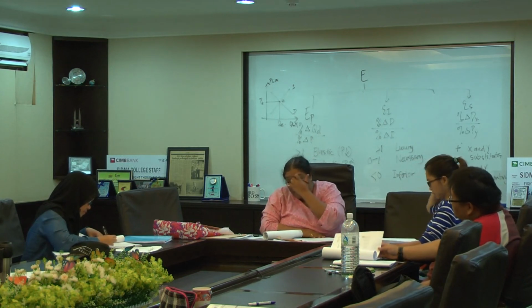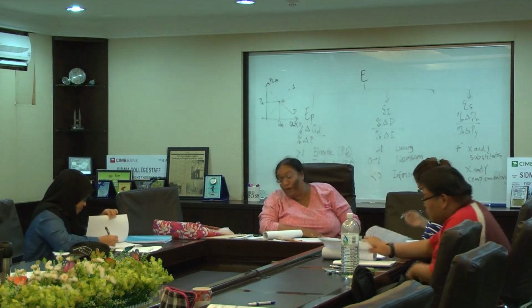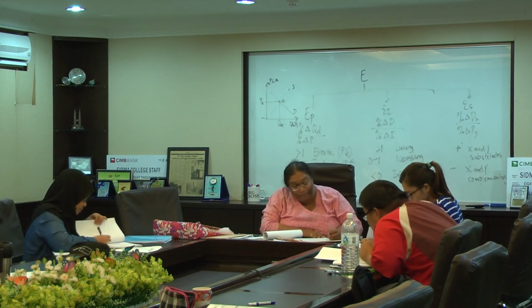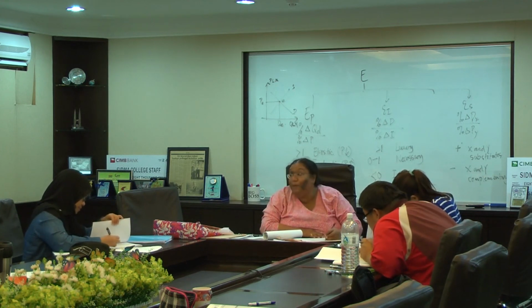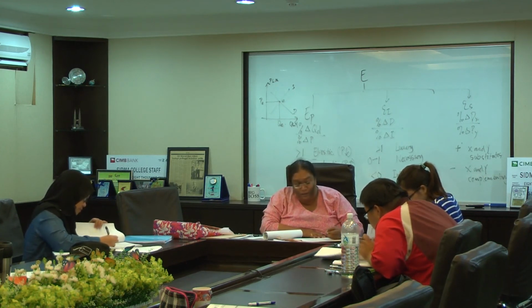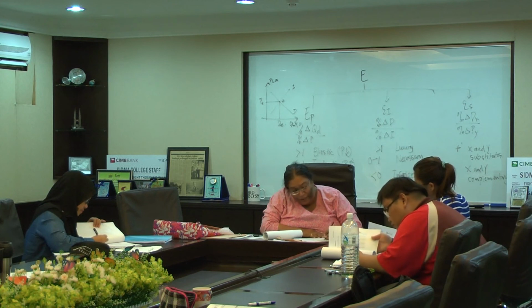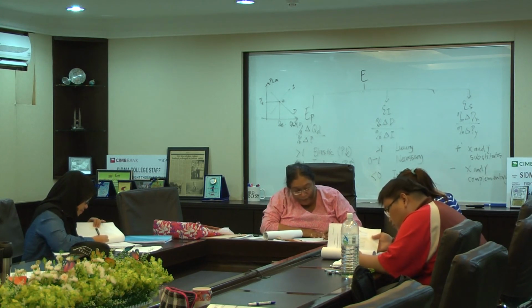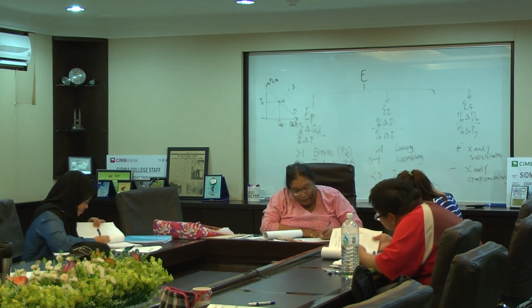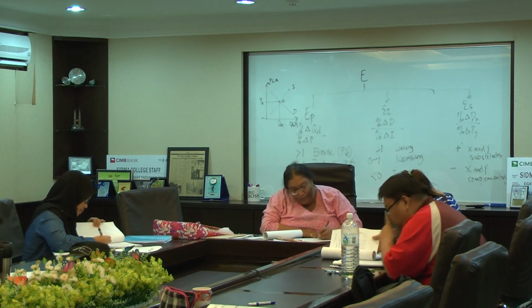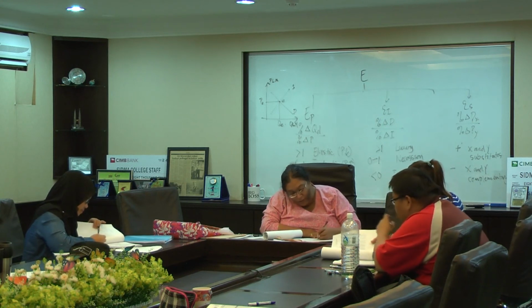Okay, next. What happens to the market when the price is set at 7? At P equals 7, what is the market demand? 50. What is the market supply? 212. What is the market condition?